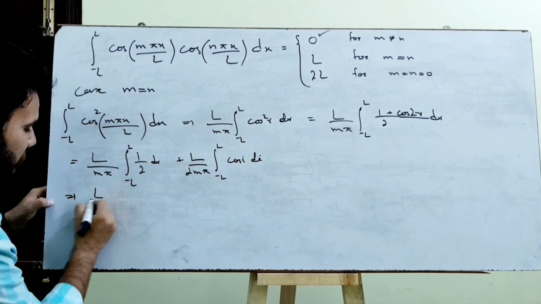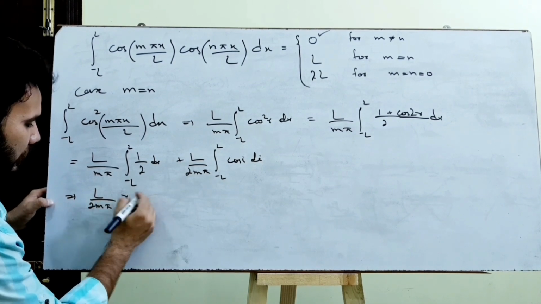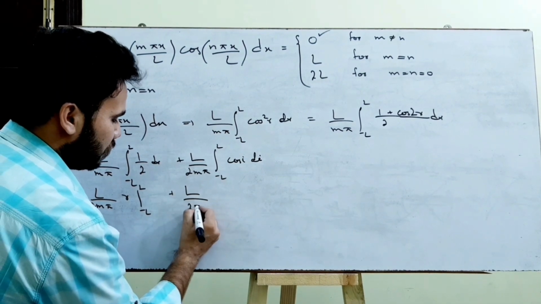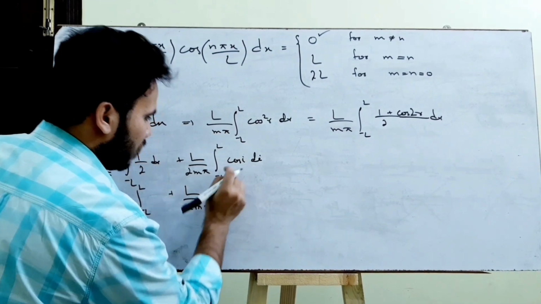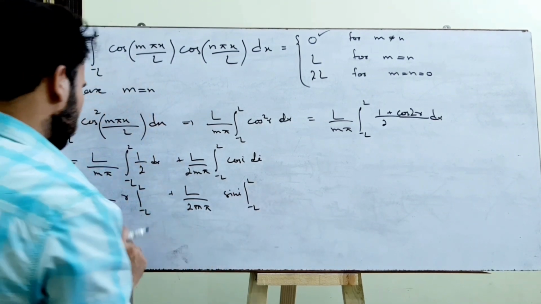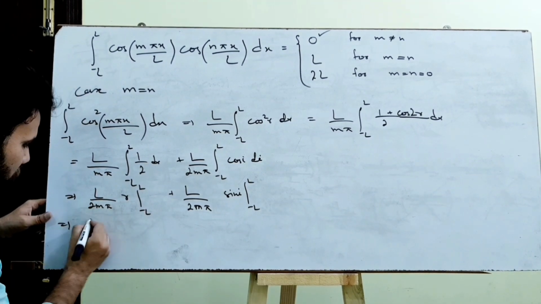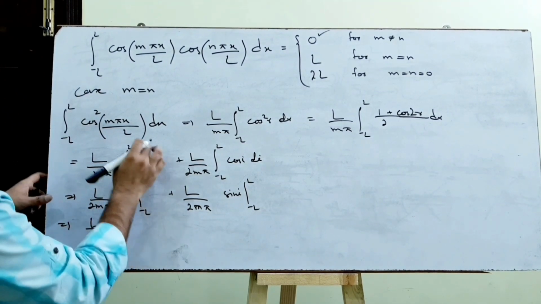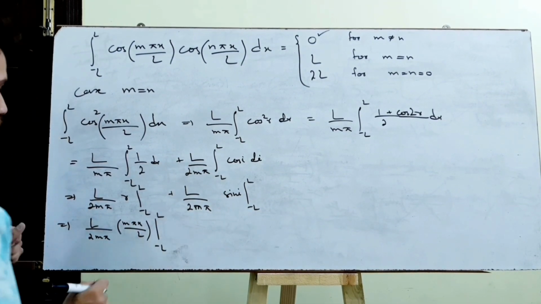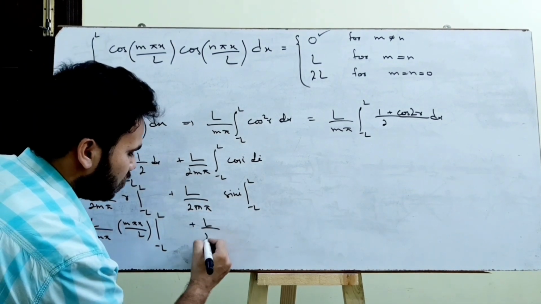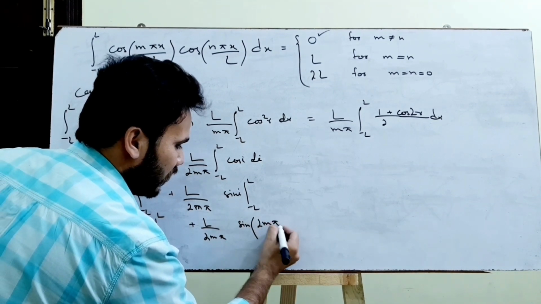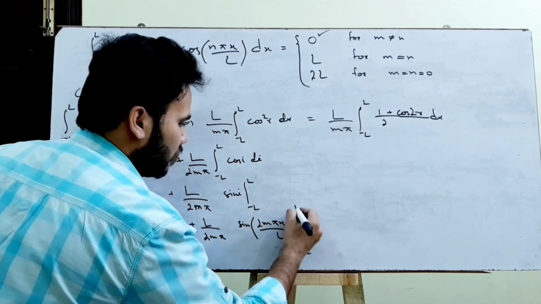Taking integration here, this will be L over m pi, half r, from negative L to positive L. Or here L over 2m pi cosine I, integration of cosine I is sine I. So here replacing r with m pi x over L, plus L over 2m pi sine I, which is 2m pi x over L, from negative L to positive L.